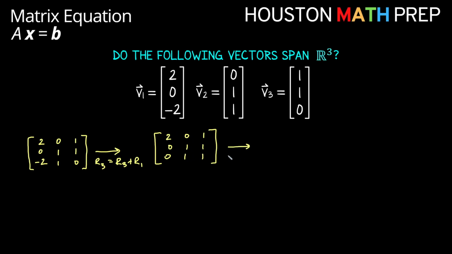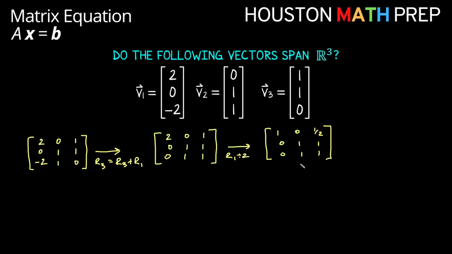So let's just say, for instance, we take row 1 and we divide it by 2. So that would give us 1, 0, a half, and then we'd have 0, 1, 1, 0, 1, 1, which is the important part, right? Got a pivot here. It looks like we can make a pivot here. So now we would need to reduce below the pivot. We would need to make this a 0 below this pivot.